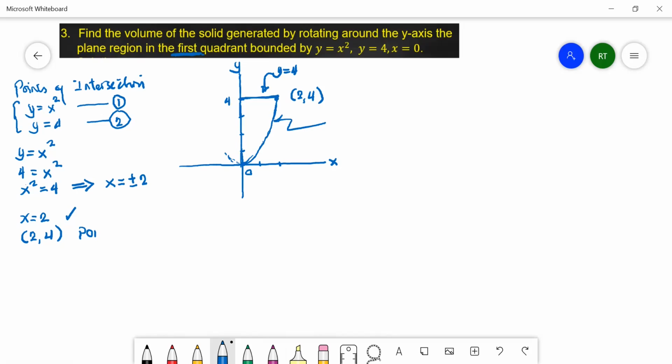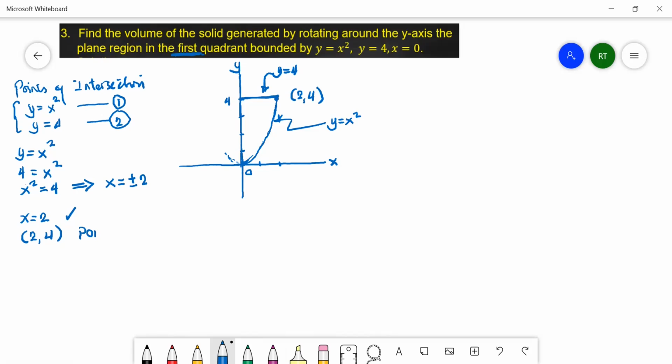Let us label this y is equal to x squared. And we are considering the region R bounded by y is equal to x squared, in the first quadrant.